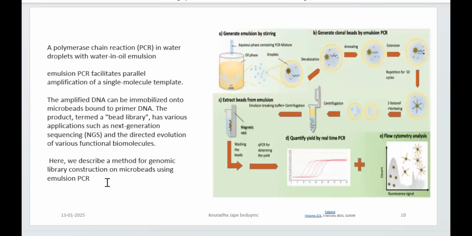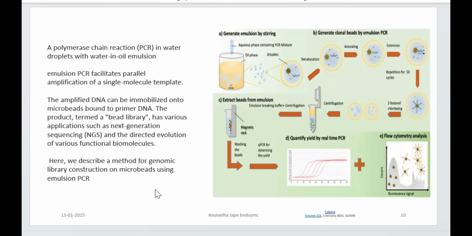Now we have to go to another method, but before we go to another method, I have to touch on the point of what kind of PCR is used in some of the DNA sequencing methods. It is not normal PCR, when you say real-time PCR, RT-PCR. These are the terminologies or advancements in PCR methodology you have learned. Now here one such advancement is emulsion PCR, right?